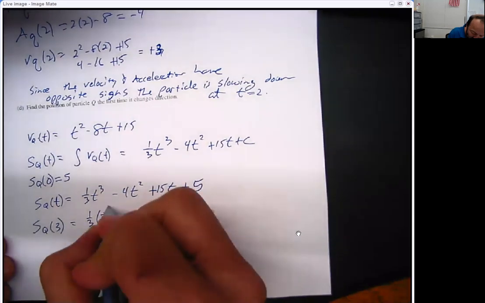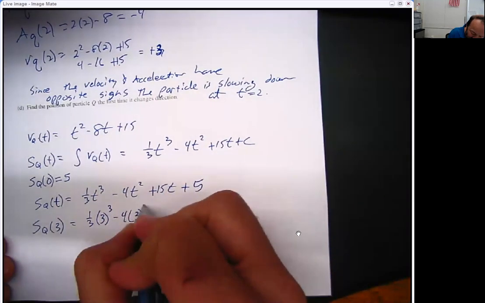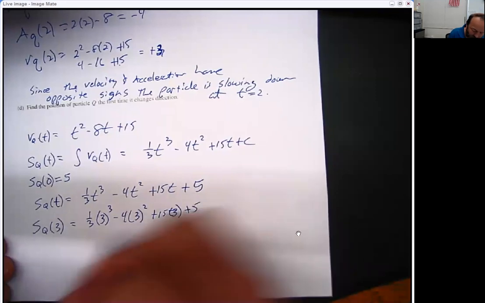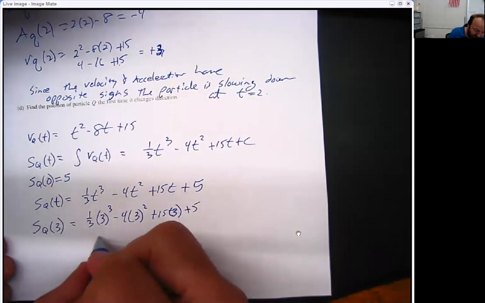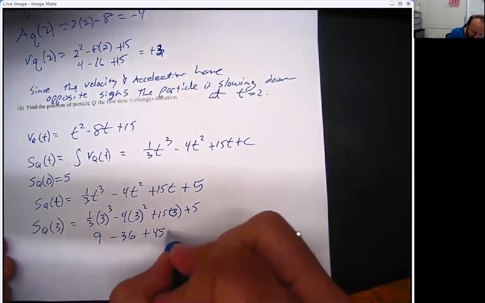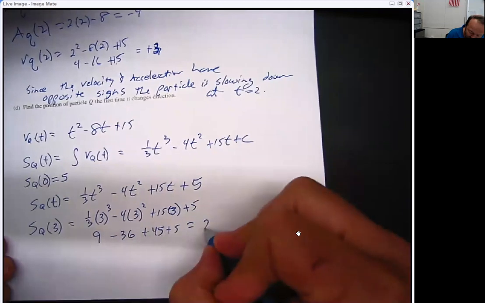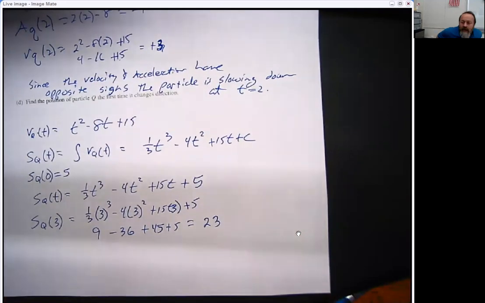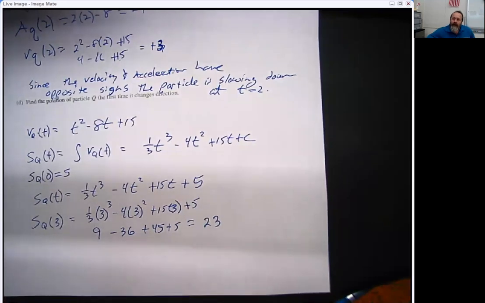So we're just going to go ahead and pop all that information in. This is a little bit irritating that we have to do all this arithmetic, but they did make pretty nice numbers to play with here. And it turns out you do a little bit of arithmetic, and that comes out that this position is at 23 at that moment.